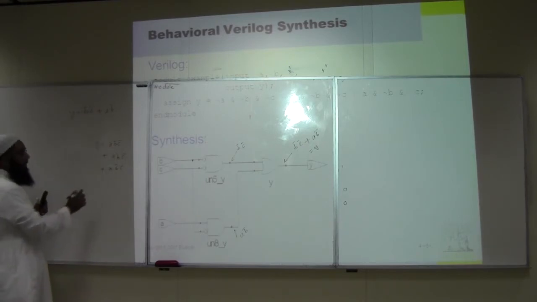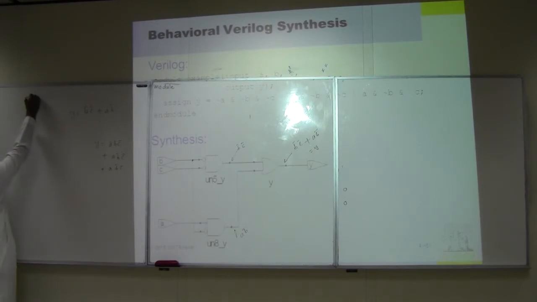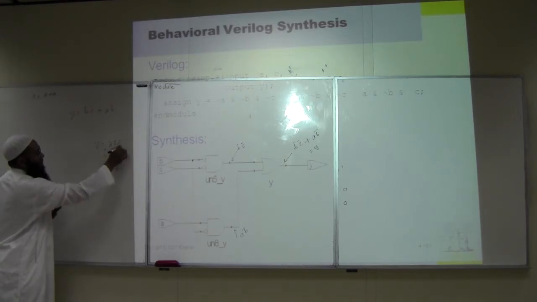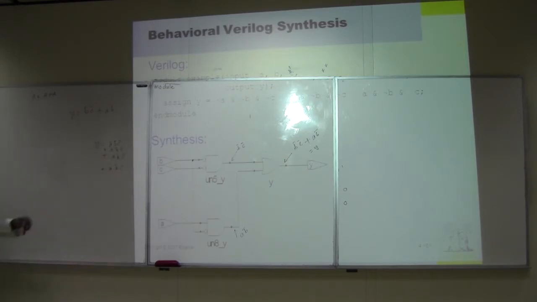What you can do is, you can write A equal to A or A, right? A or A is the same as A. So here I add an extra A, B bar, C bar.